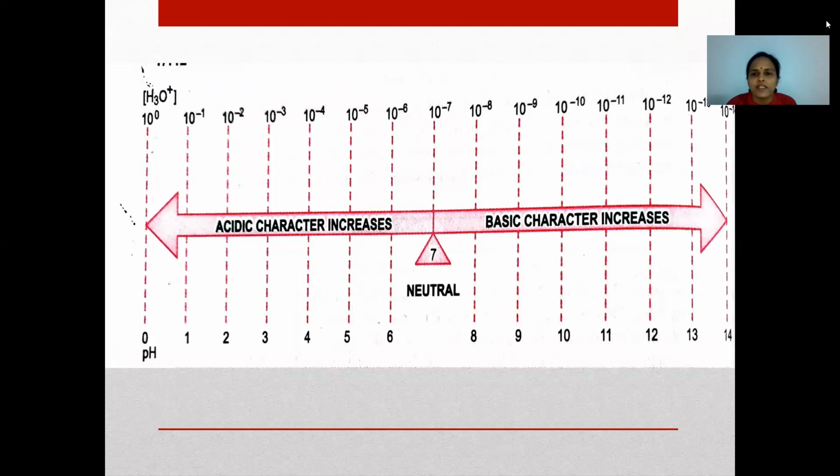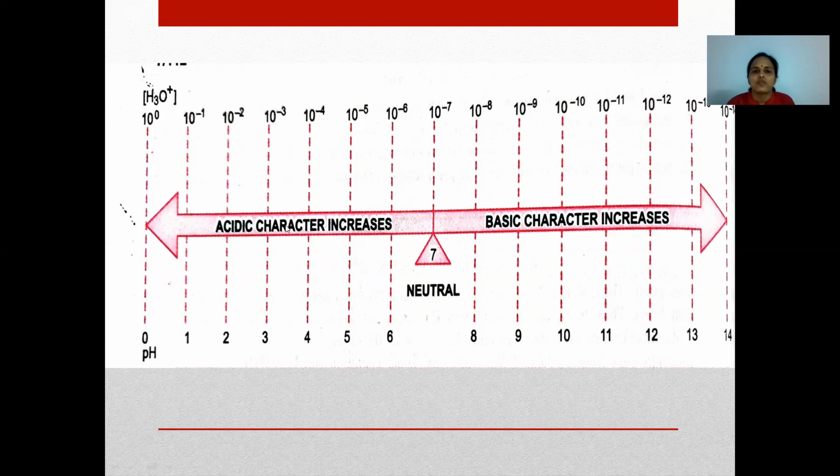Now look at this, the pH scale. The pH scale ranges from 0 to 14, in which 7 is the neutral point, and from 8 to 14 the character shown is basic in nature, and from 0 to 6 the character shown is acidic.